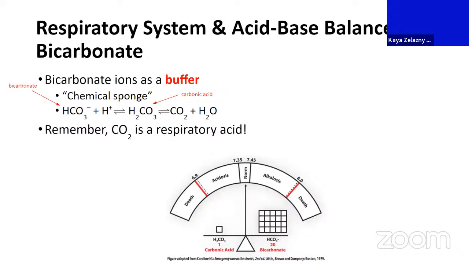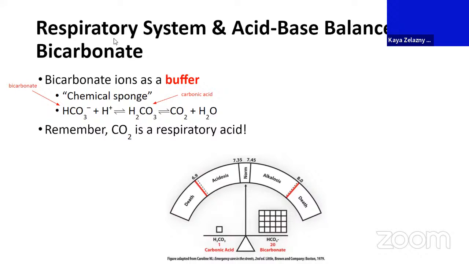But that's not the main thing we're going to be thinking about when we think about regulation of blood pH. The biggest and most important buffer, and what the kidneys are really going to be changing, is bicarbonate. Bicarbonate is also a buffer acting as a chemical sponge.